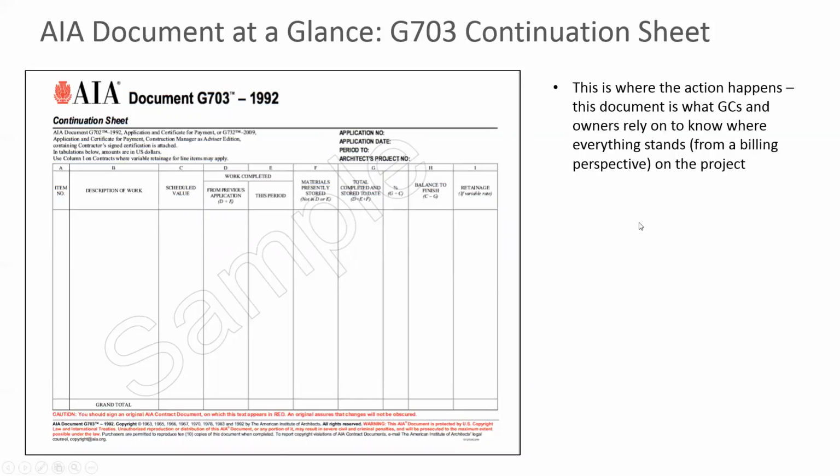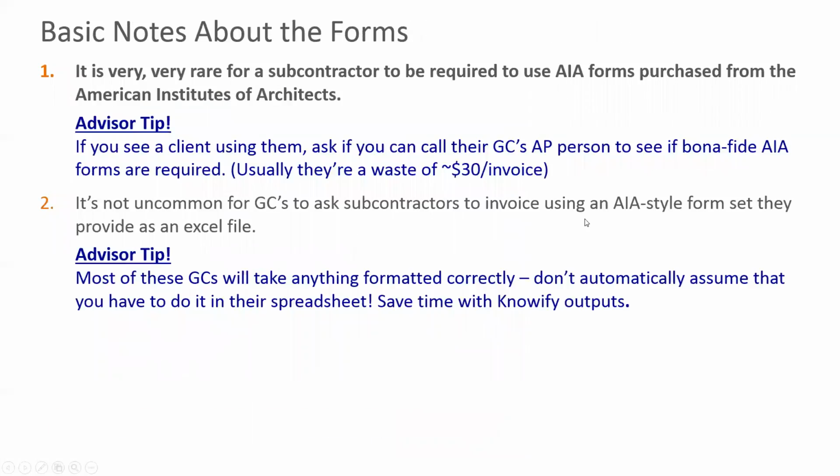So everything else below here, the general style of the AIA documents, can be used by software programs like ours, in this case I'm referring to Notify, and we can produce AIA style documents as long as we're not putting the AIA logo or making any claims of these being legitimate bona fide AIA documents. What we produce are AIA formatted documents or AIA style formatted documents.